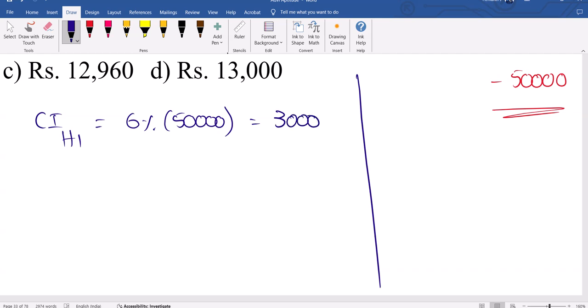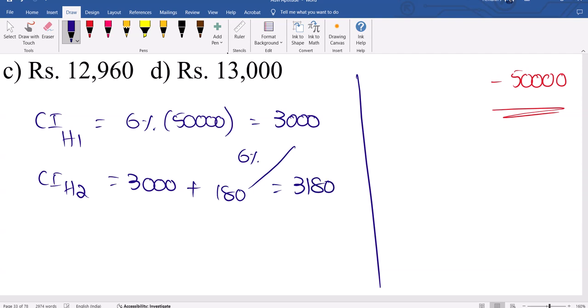First half yearly 3,000. Second half yearly 3,000 plus 6% of this, which is 180. So second half yearly is 3,180.